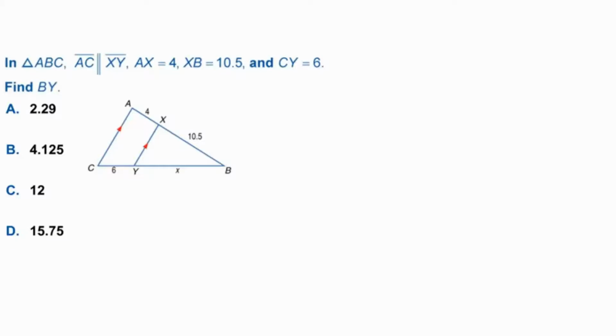In this problem, we're told that XY is parallel to side AC. Again, setting up a proportion to solve the problem, we would have X over 6 would equal 10.5 over 4.